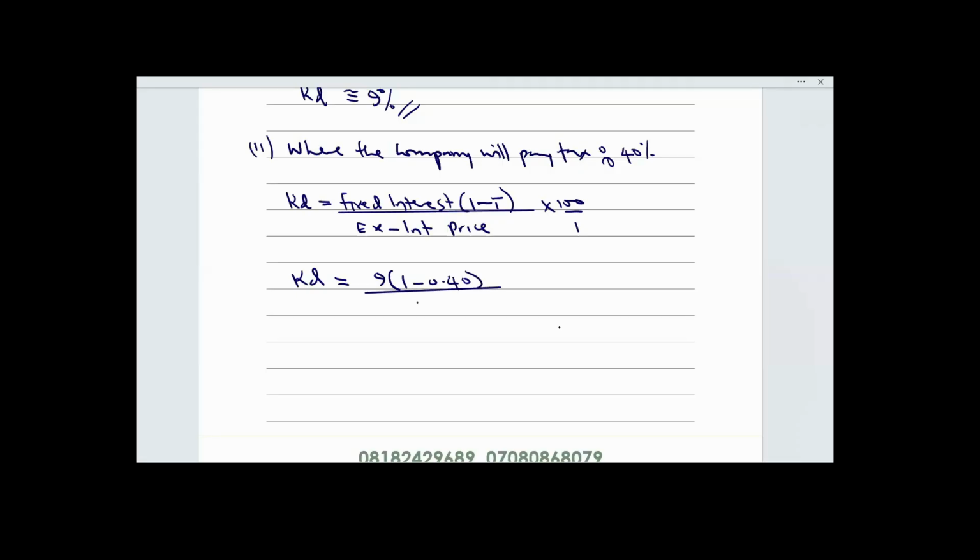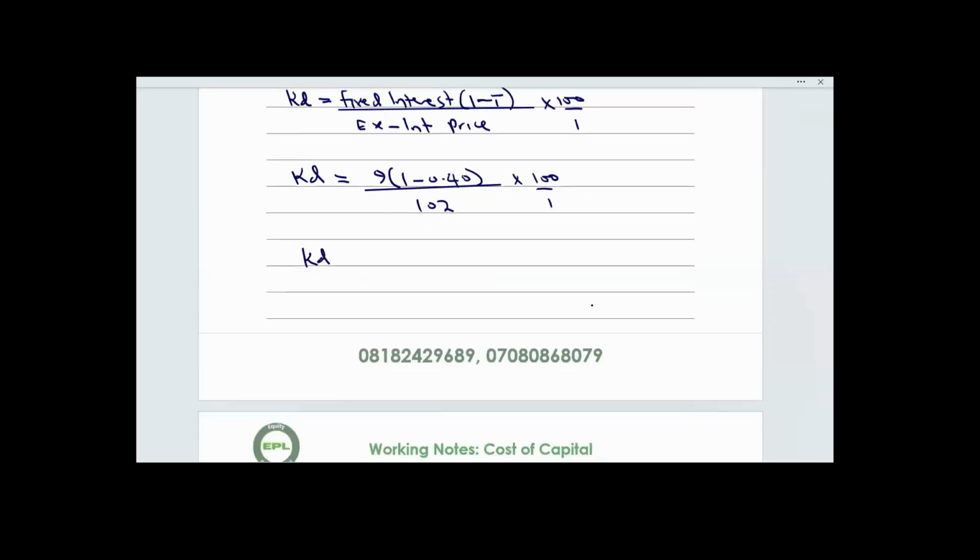The price is 102 naira, all multiplied by 100 over 1. Okay, so KD, cost of irredeemable debenture, would then be equal to 9 multiplied by 0.60, all divided by 102 multiplied by 100 over 1. Final answer, what do you have there?